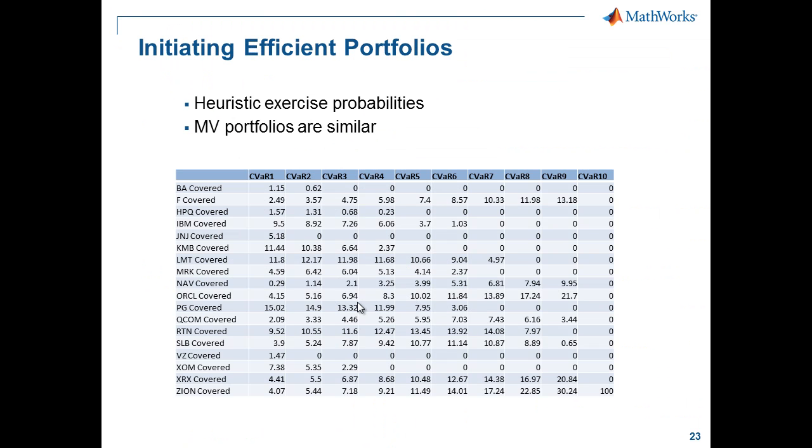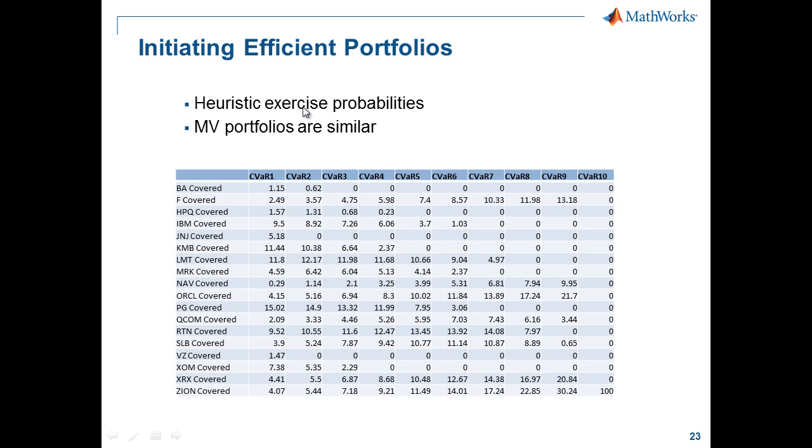So if you run these optimizations, these are the kinds of results that you get. If you look at initiating portfolios, where we generated scenarios in which you're writing a call option for the period, these are the kinds of portfolios you get across the efficient frontier from the bottom to the top.